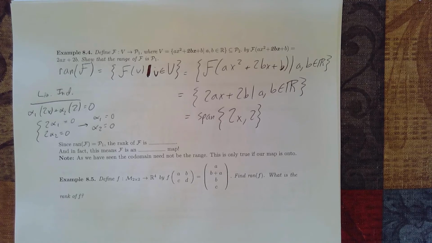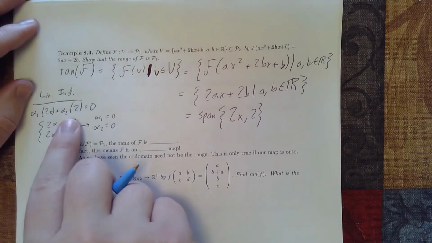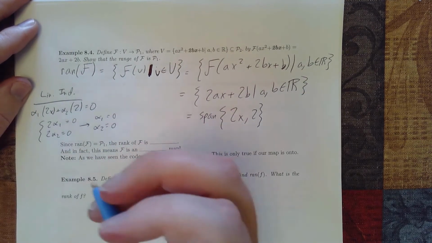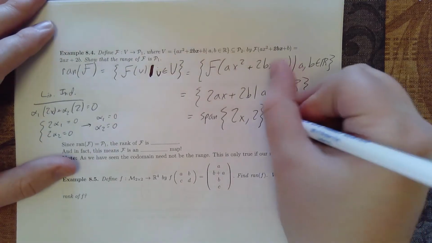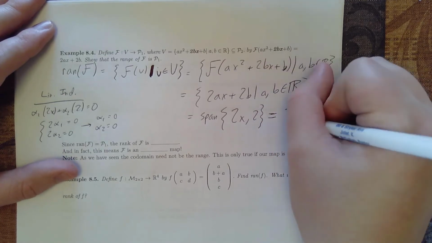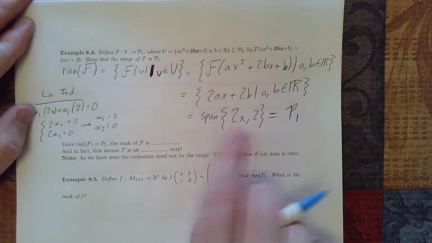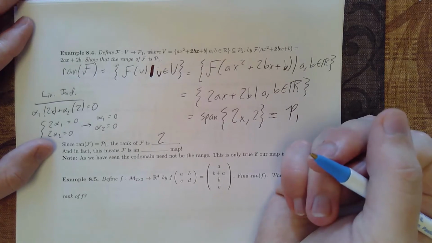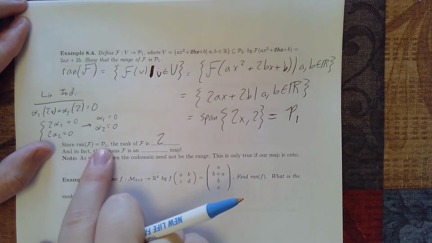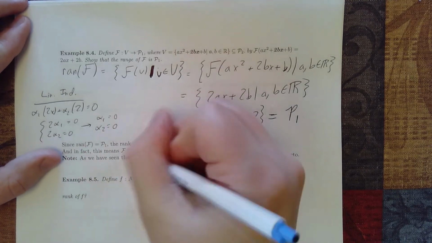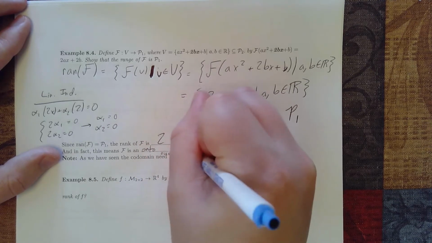Now, if we want to show it spans P1, we set this linear combination equal to ax plus b, and verify that we get at least one solution. You can do that on your own if you'd like, and indeed this will end up being P1. So note that we have a basis here, so the rank of this function is going to be 2. And in fact, since the range is equal to the codomain, we have an onto mapping, or a surjective mapping.